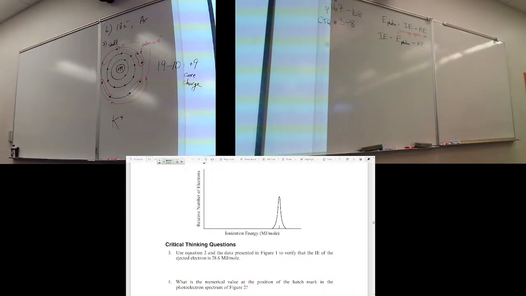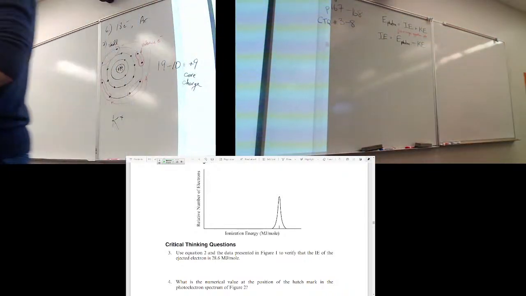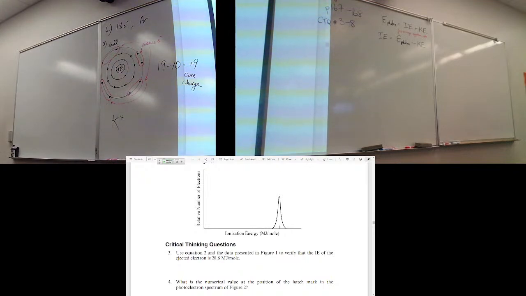So just verify that it makes sense, which means make sure that these numbers fit that equation. Number 3, you're just making sure that the number makes sense. That's it. It fits the equation.